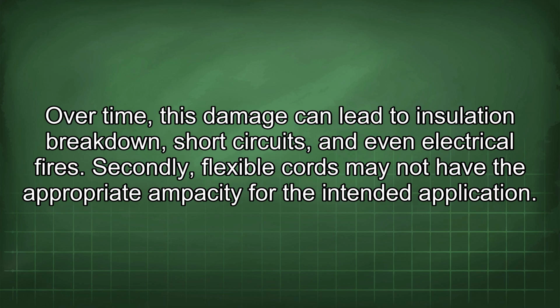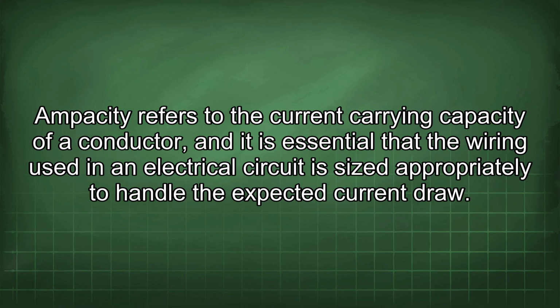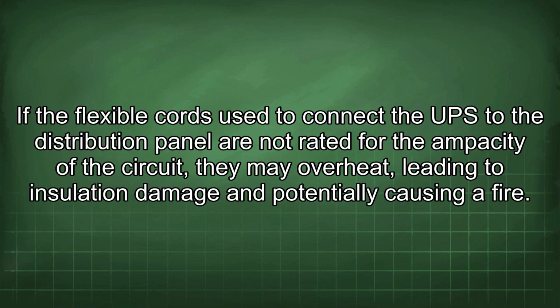Secondly, flexible cords may not have the appropriate ampacity for the intended application. Ampacity refers to the current carrying capacity of a conductor, and it is essential that the wiring used in an electrical circuit is sized appropriately to handle the expected current draw. If the flexible cords used to connect the UPS to the distribution panel are not rated for the ampacity of the circuit, they may overheat, leading to insulation damage and potentially causing a fire.